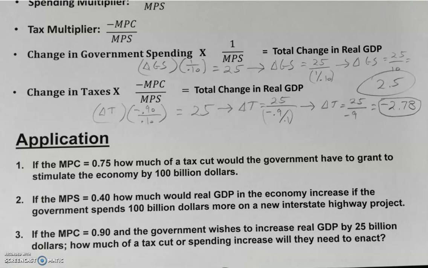Now, why the difference? Why is it that if they spend money, they actually have to spend less to get the economy stimulated by 25 billion than if they lowered taxes? If they lowered taxes, they got to drop them 2.78. Well, it goes back to the point that when they give people money to spend, people only spend a fraction of that, the marginal propensity to consume.